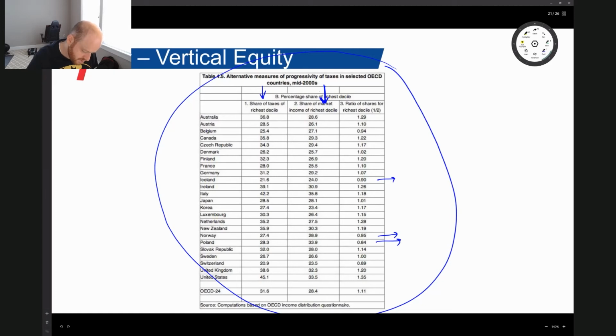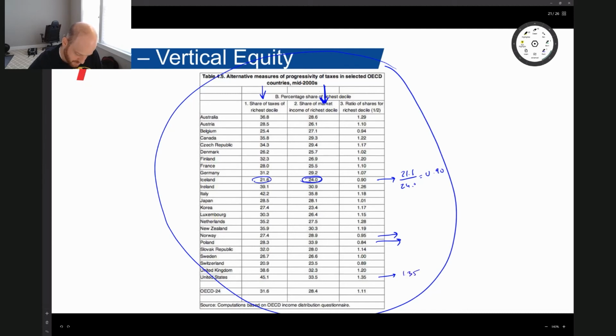So these are nations where, for instance, in Iceland the richest earners make 24% of the overall income of the economy, and they're paying 21% of the taxes. So 21% of the taxes that they pay divided by 24% of the income that they earn, that's a ratio of 0.9. Meaning that they are actually paying less of a percentage of taxes relative to the amount of money that they earned. On the other hand, the US has a fairly high ratio, 1.35.